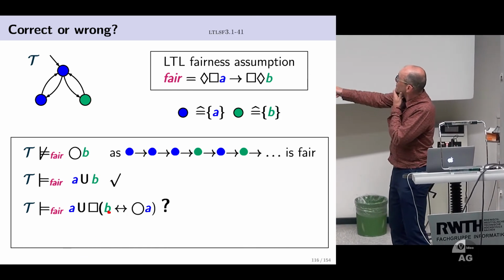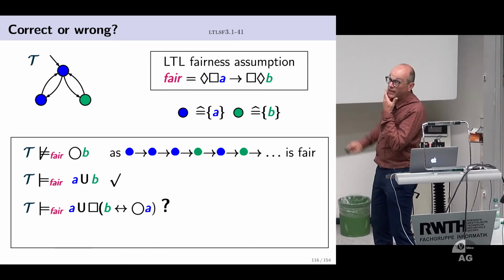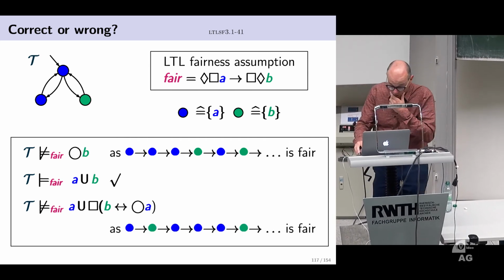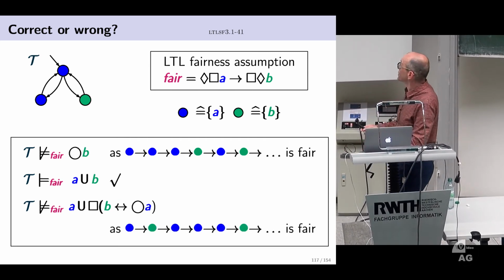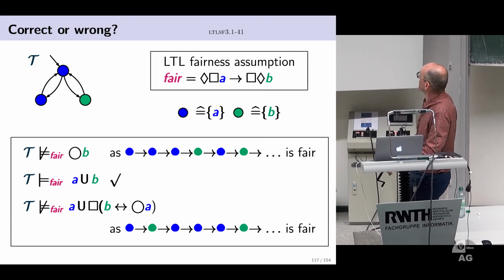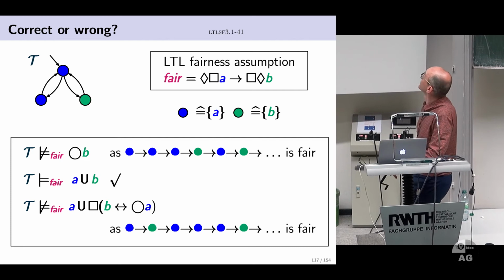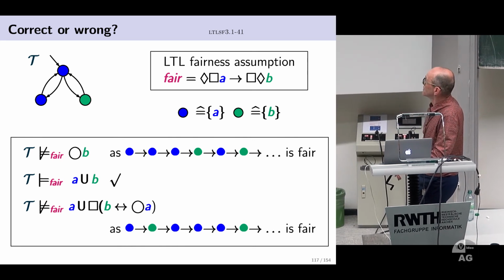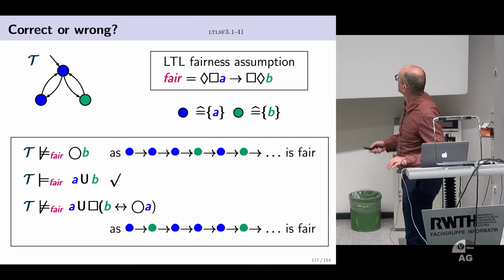So here is the third example: A until box B, if and only if next A. This is not true because we can find a counterexample. The first thing we need to check is whether this path is fair. This is fair because the premise doesn't hold: we don't have a position from which A always holds. So this is a fair path.